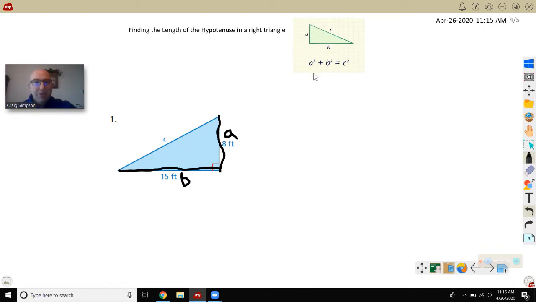So let's write the formula out. We have A squared. A is 8. So 8 squared plus B squared. B is 15. So 15 squared equals C squared. 8 squared is 64 plus 15 squared.